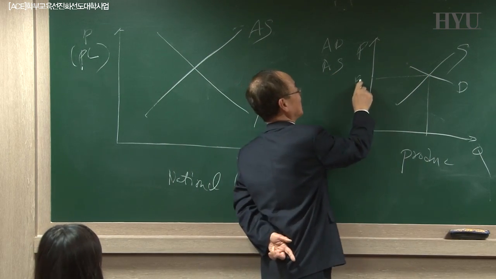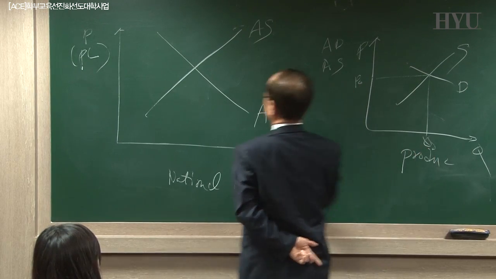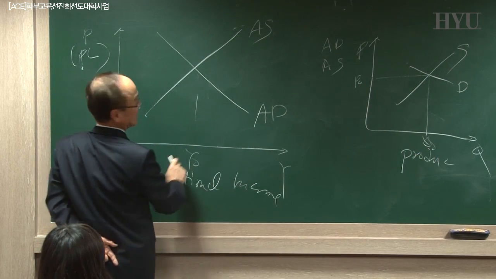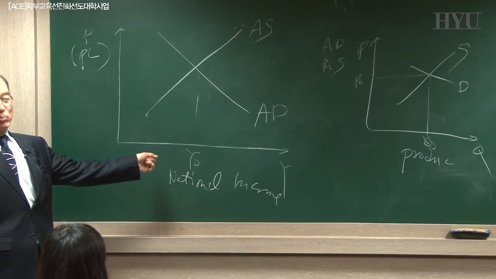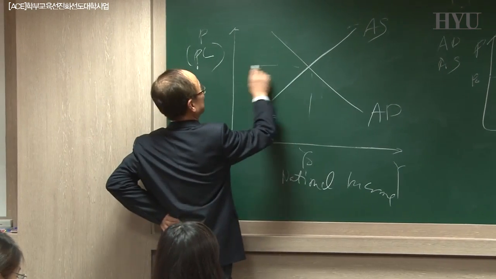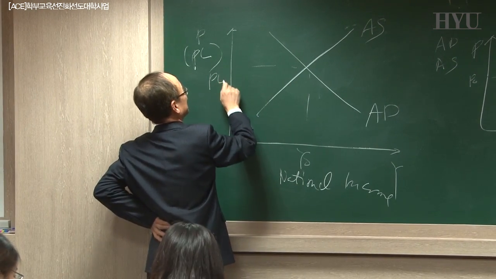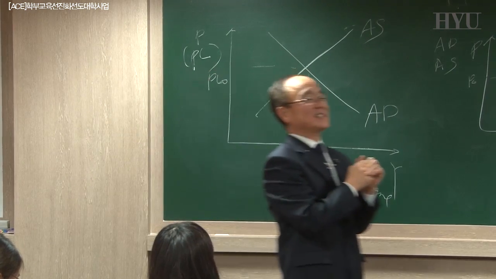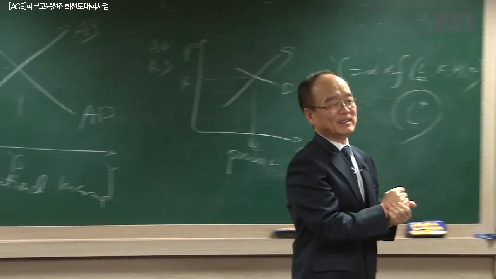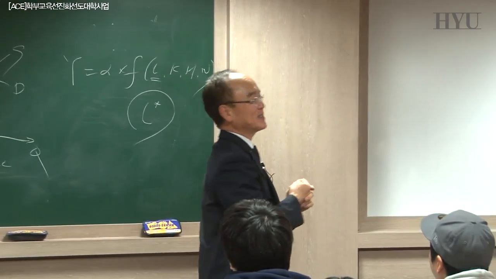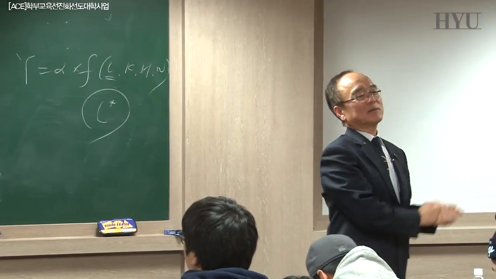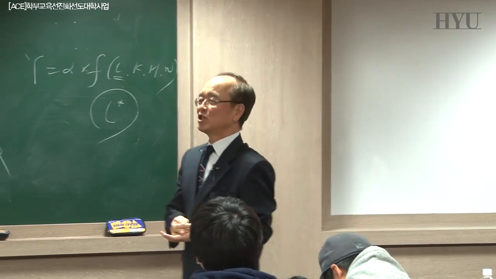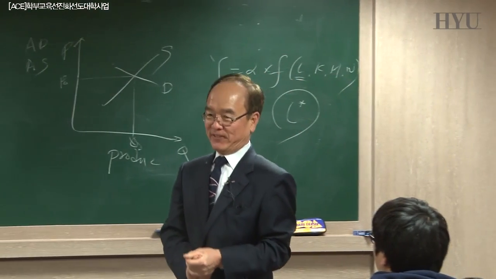This is P0, Q0. On here, this is Y0. This is the natural level of output, first of all. Then this is PL0. Looks very similar, similar shape, not identical. But the explanation or interpretation should be totally different.